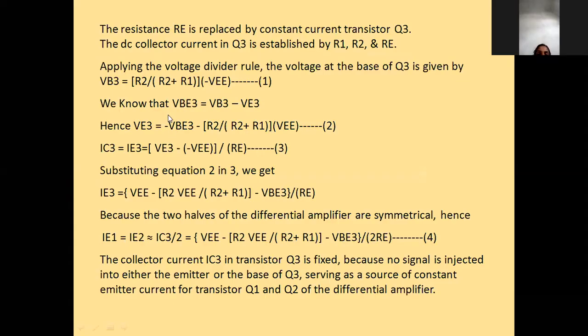Then VB3 is equal to R2 divided by R2 plus R1, into minus VEE. This is the voltage divider formula that you studied in your first semester.